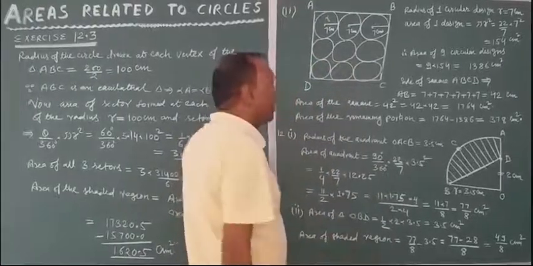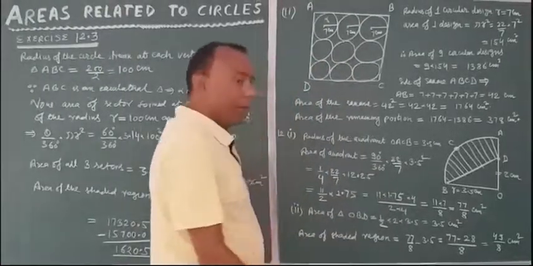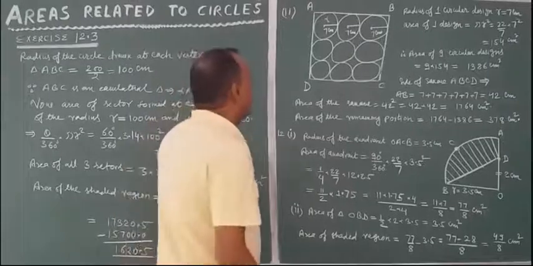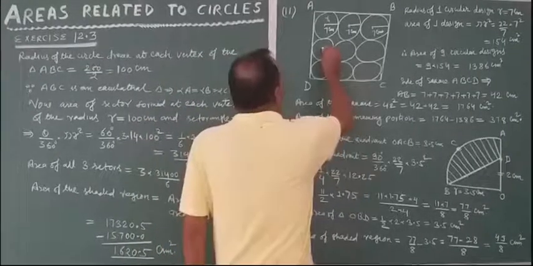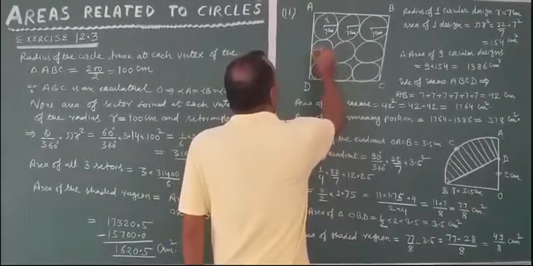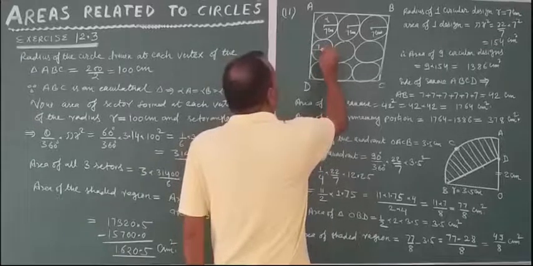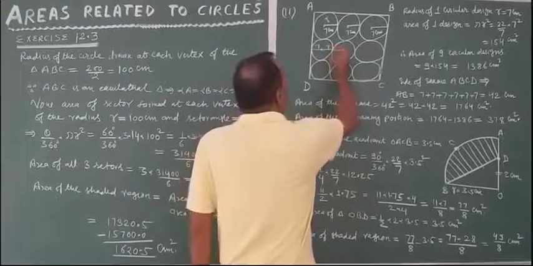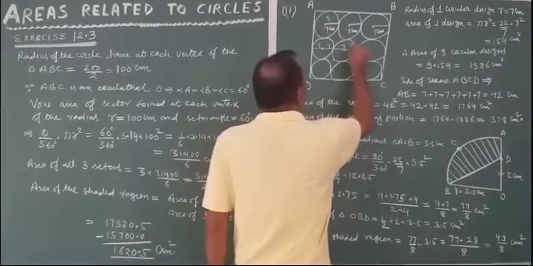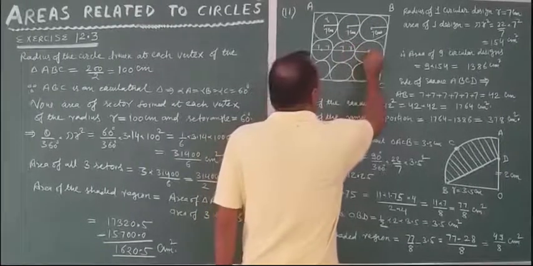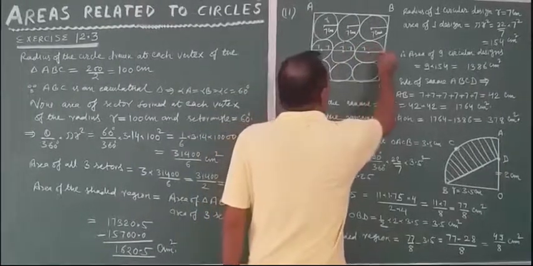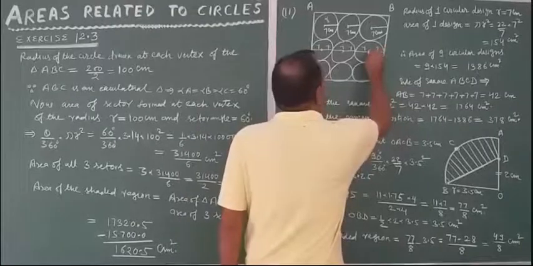Now the question is, what will be the side of square ABCD? Just look here. This radius is given as 7 centimeter. So this will also be 7, this will also be 7, this will also be 7. From here to here this will be 7 and this will also be 7.